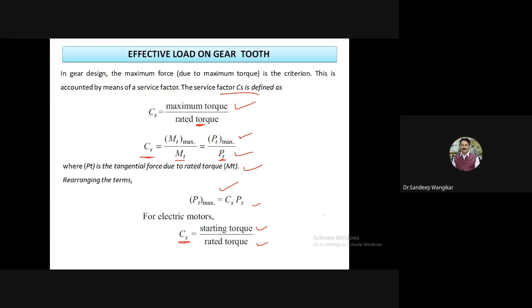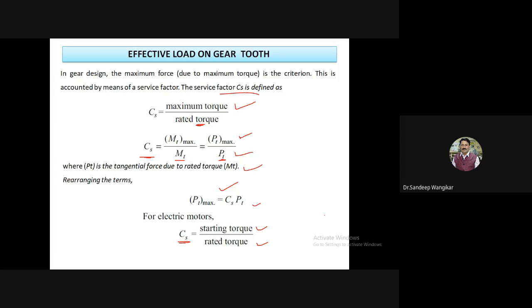This is just an example I want to give you of the maximum torque. For your bike, assuming that you are coming to college, the maximum torque required from your home to your college gate or our main porch area will be at the inclination from the boys hostel to our college gate. So this is the maximum torque, and service factor is equal to this maximum torque divided by rated torque.